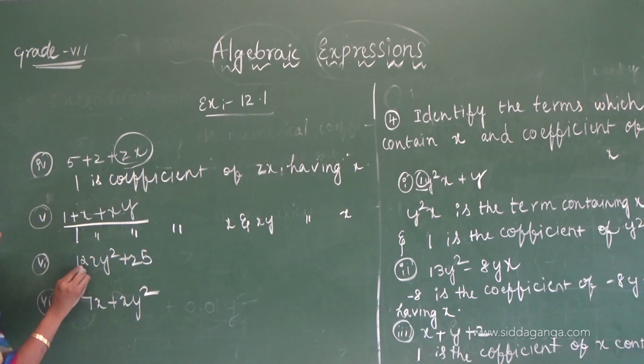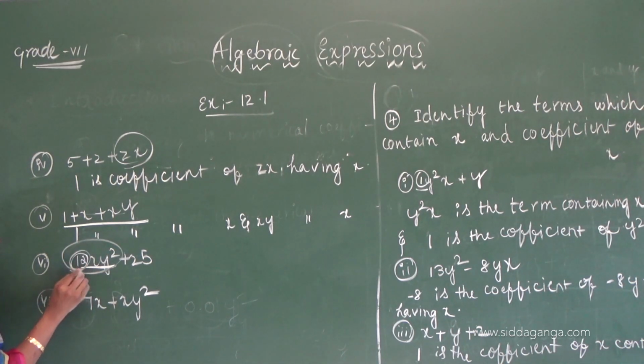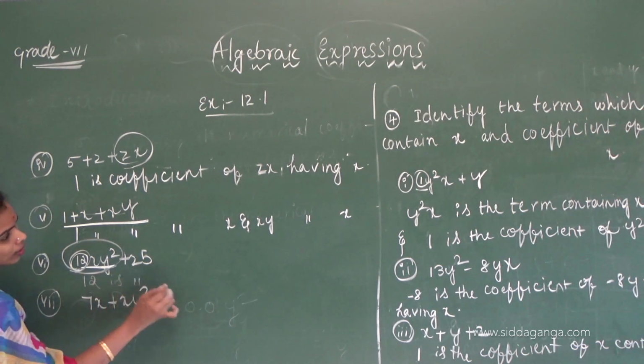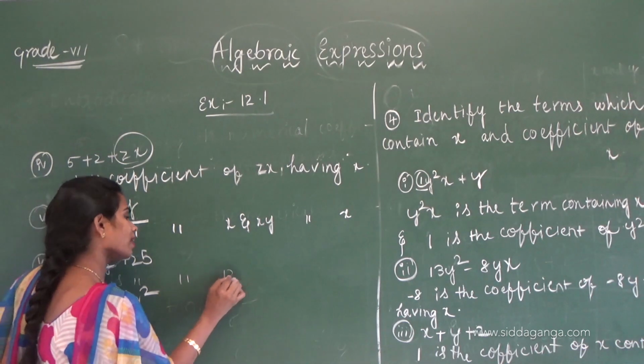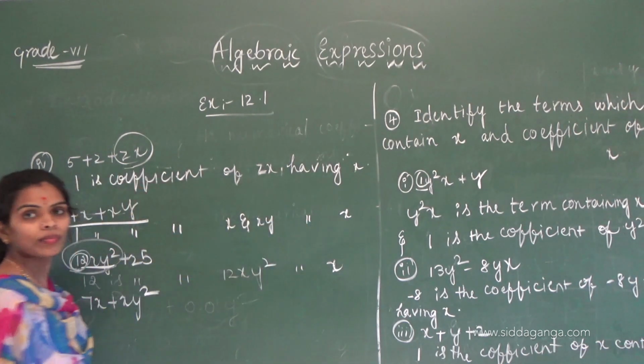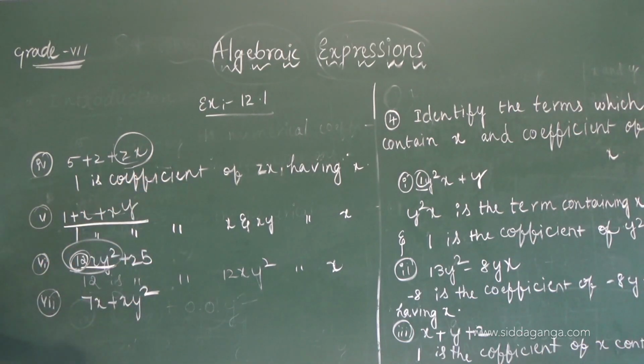And then here 12xy square plus 25. Here this term is having the variable x, and here the numerical coefficient is 12. 12 is the coefficient of 12xy square having x, okay. Just here you have to write in dot lines, you have to write that one only.